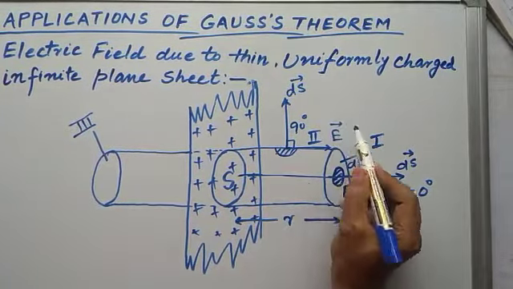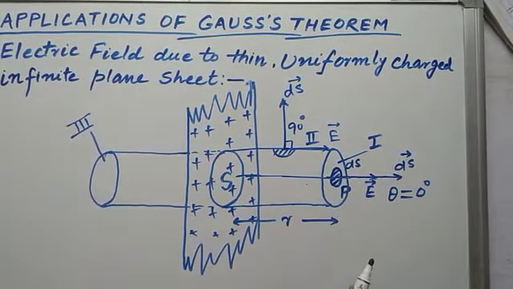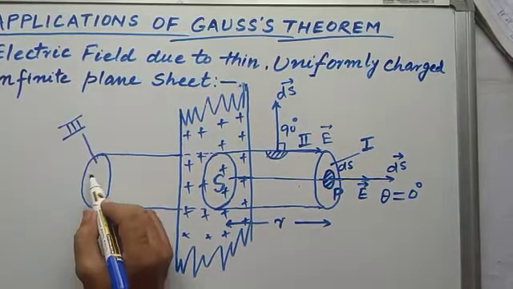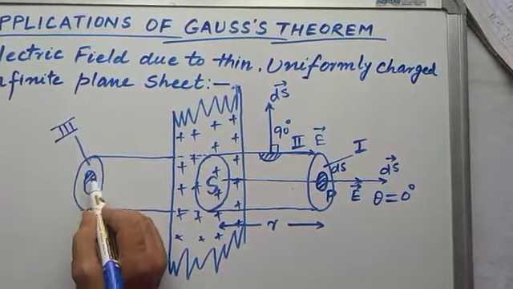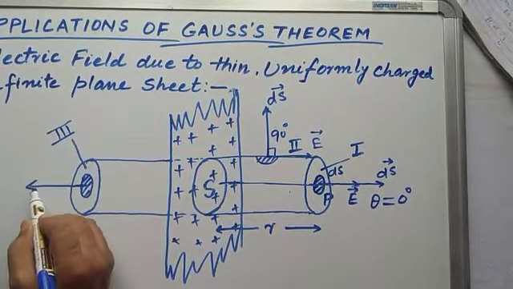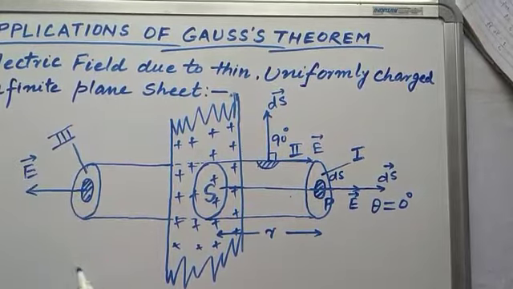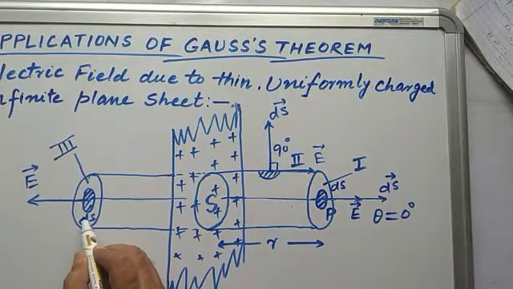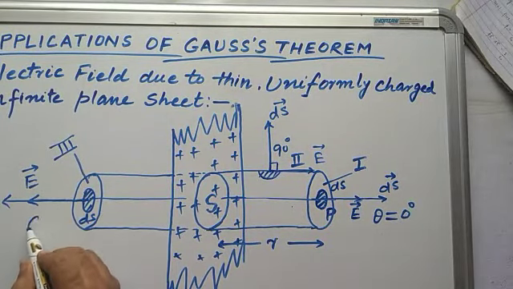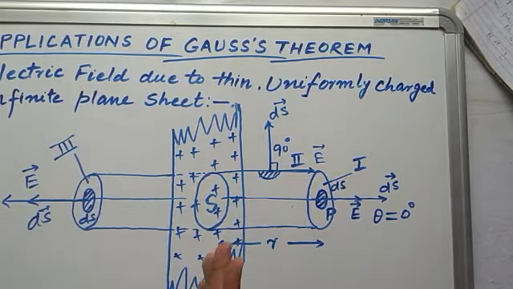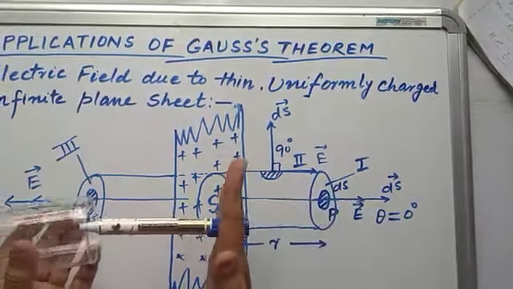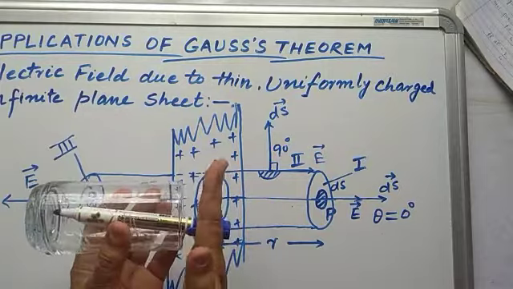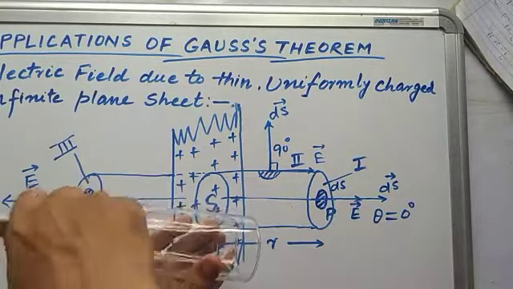Likewise, surface 3 has the same situation as surface number 1. The electric field from the sheet is normally outward, and the area vector is also normally outward like this.